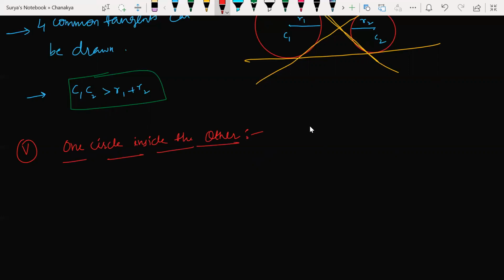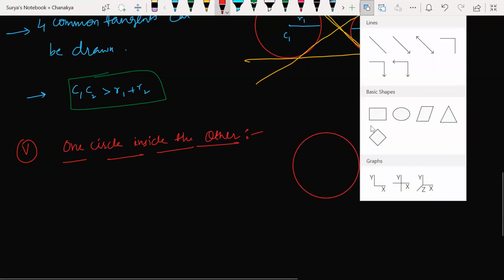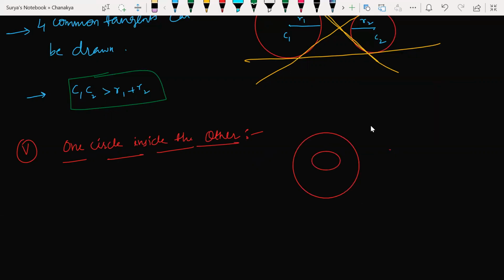Okay, if one circle is inside, what will happen? Look, this is one circle and let me take one more circle which is inside the circle. One circle inside the other circle is nothing but what? This circle is inside the other circle but not intersecting anywhere. Getting my point, people? Yes, sir. Now look at this here.